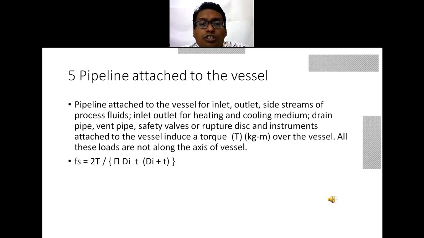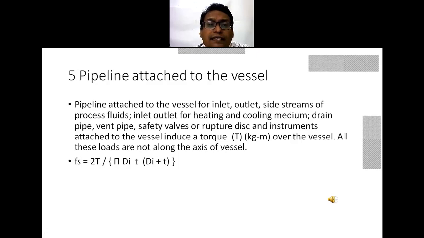This torsional force acting over the vessel is equal to 2T upon pi Di t into (Di plus t). These are the stresses due to the torsion that are to be taken into account.